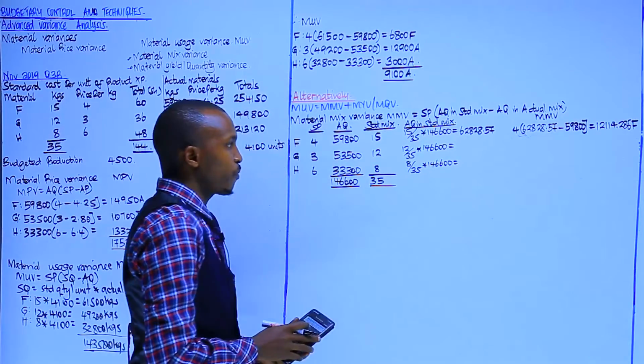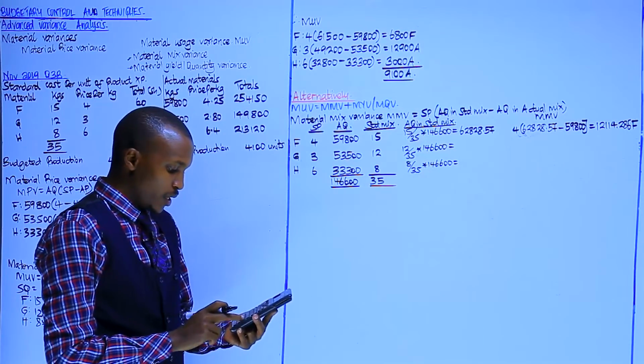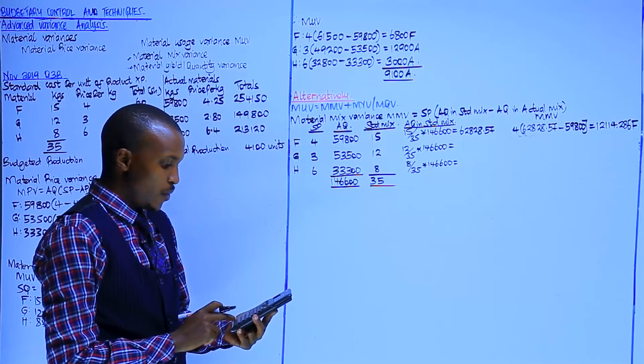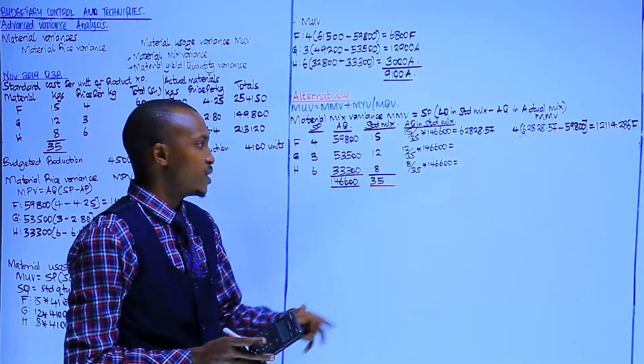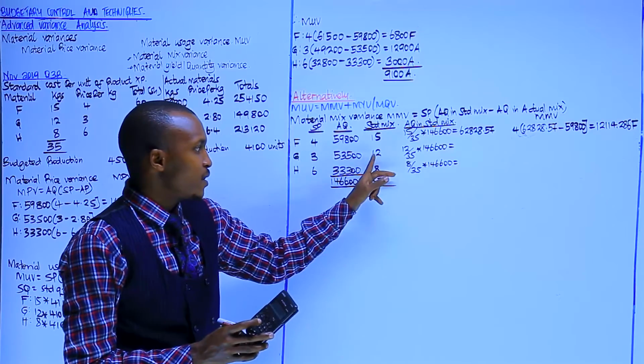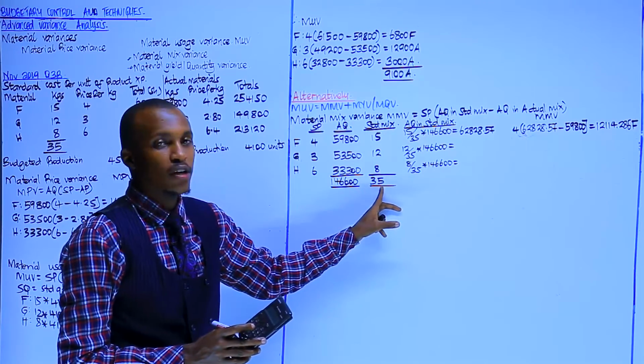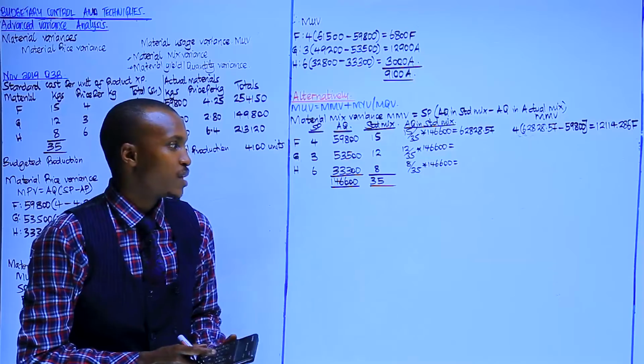Again here, we get our actual quantity in standard mix by taking the standard mix divided by the total standard mix times 146,600.